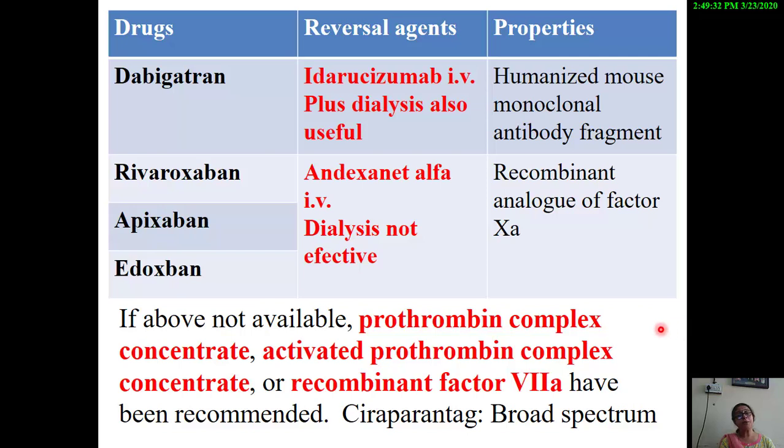So to repeat one more time, these reversal agents become important under two conditions. One, if there is an accidental overdosage or toxicity of these anticoagulants, say in renal dysfunction or liver dysfunction, or in those patients who are otherwise well controlled but require some emergency surgery, then these agents are useful.